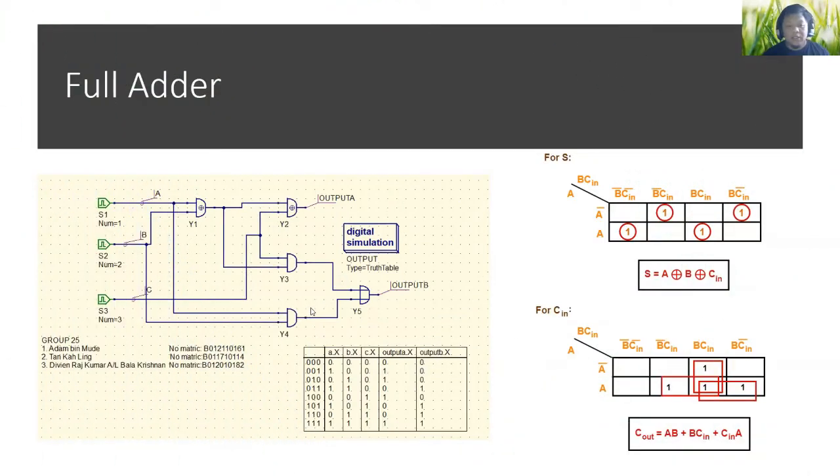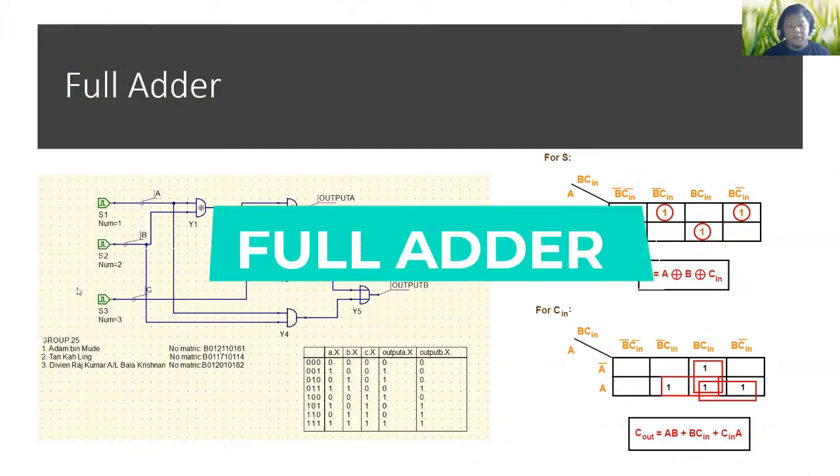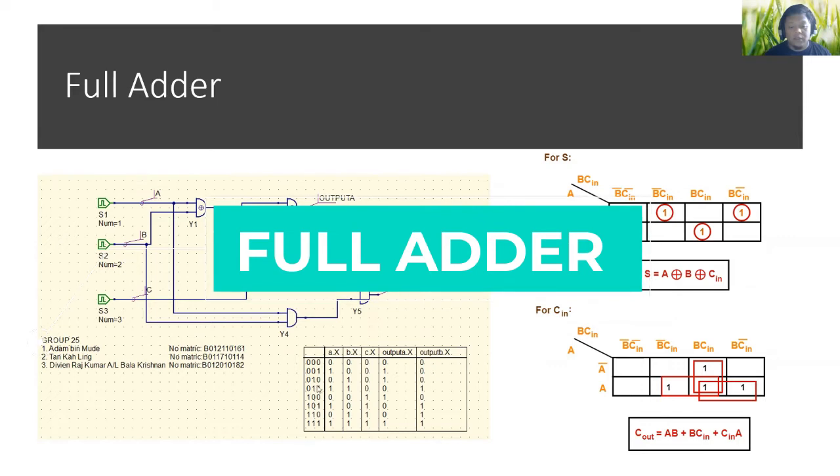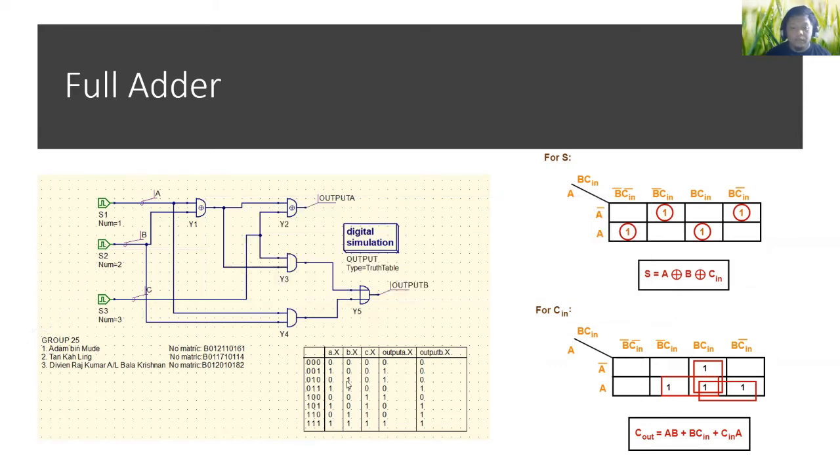This is the circuit for the full adder and the table for the full adder. I changed output A and output B to the sum and carry. Output A is the sum and output B is the carry. We can prove the truth table from the K-map equation.